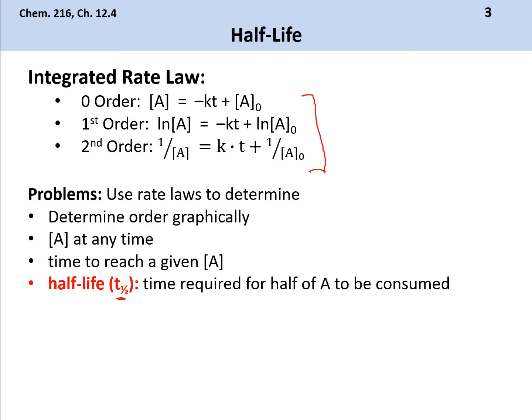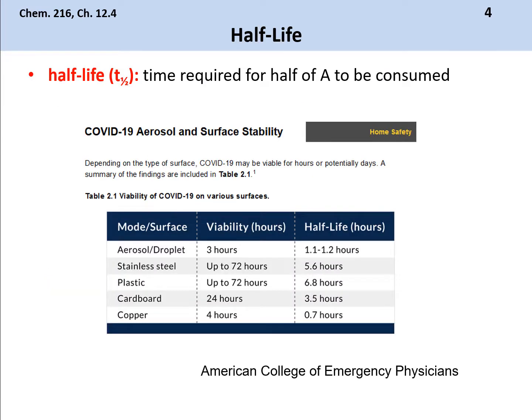Okay, this is important because it's important in a lot of reactions. For instance, when we're talking about COVID-19 and how long it stays on surfaces, one of the things we're looking at is the half-life.